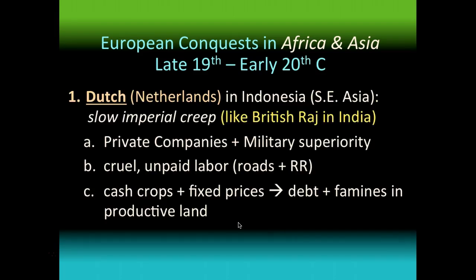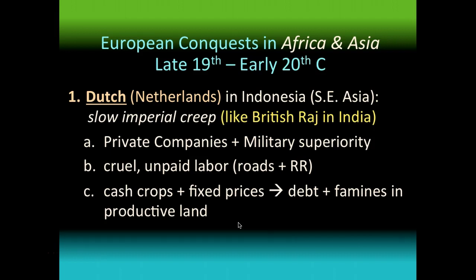The Dutch, who were from the Netherlands, went into Indonesia in Southeast Asia in a slow imperial creep, which is very similar to what happened with the British Raj in India. The British Empire didn't just come into India and say, I'm here, I'm taking over, and use major force at all times.